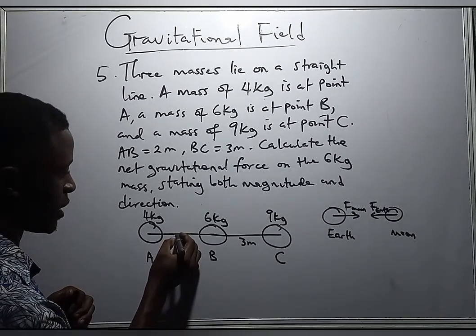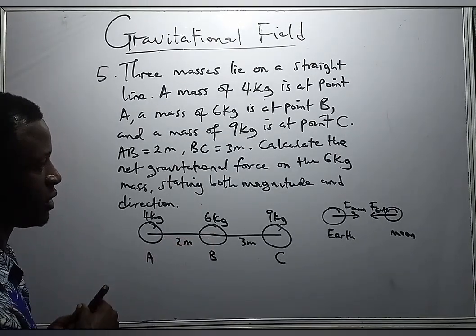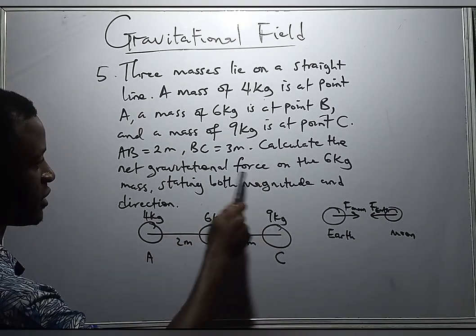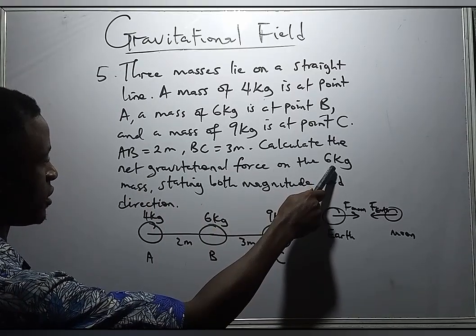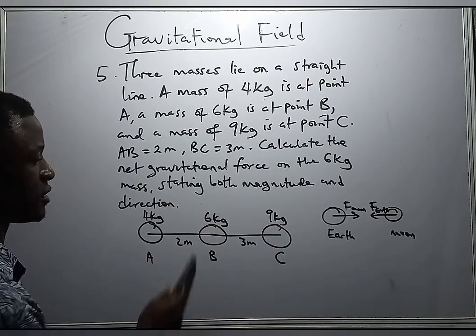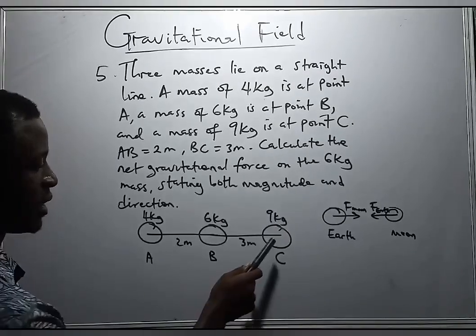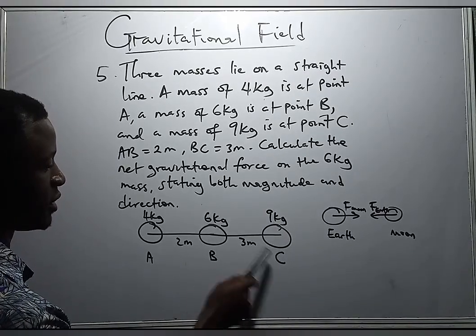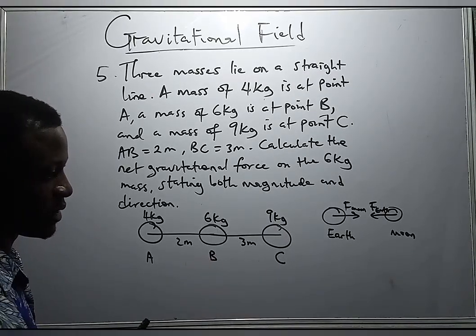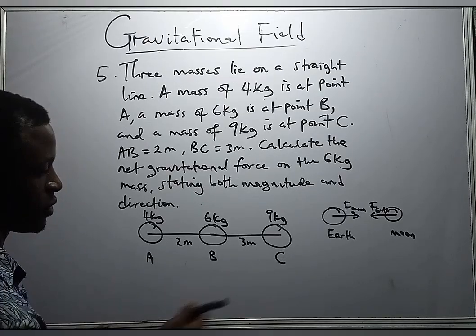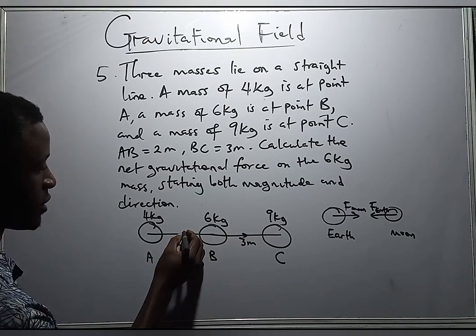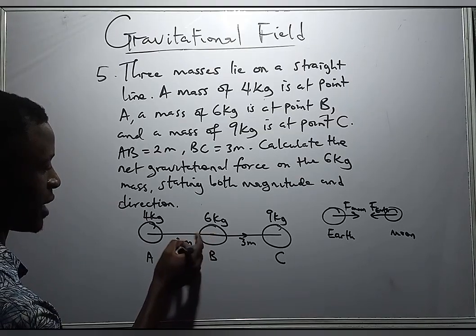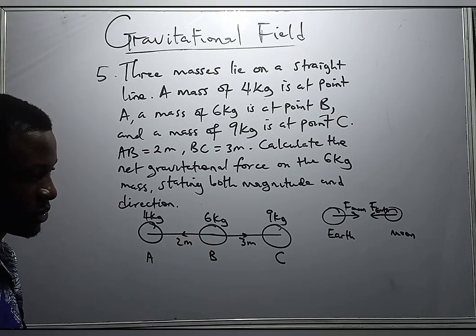Now look at what the question says. It says calculate the net gravitational force on the 6 kg mass. So this is this 6 kg mass. Remember, this mass on point C is pulling it towards itself, so this mass is going to be pulled towards this direction.